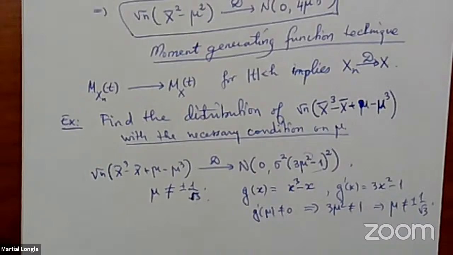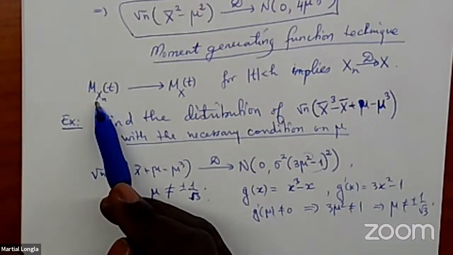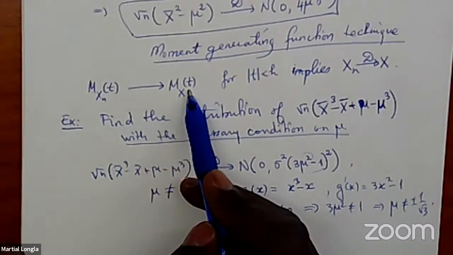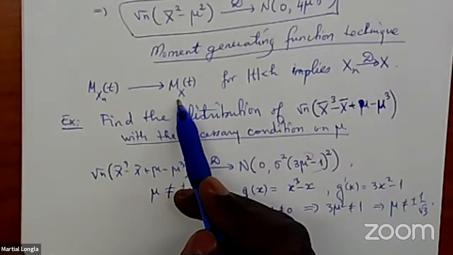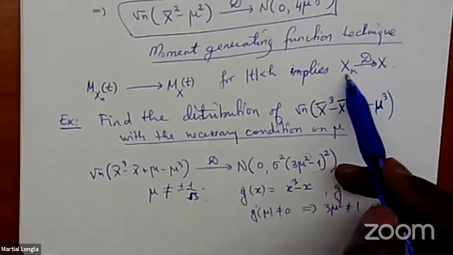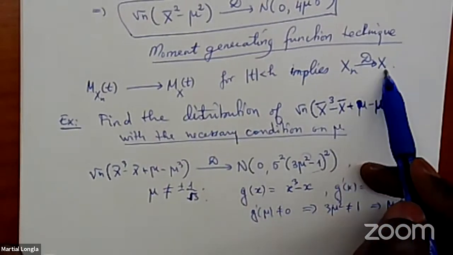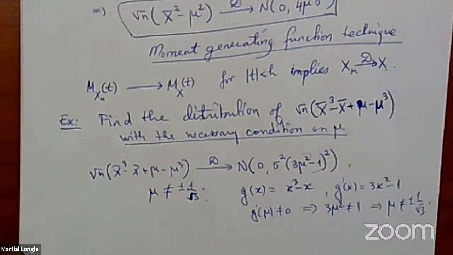So you don't always have to compute the CDF of xn and find its limit. You can also, when you have the possibility, find the moment generating function of xn and find its limit. Once you find the limit, you identify the random variable whose moment generating function is that limit, and then you conclude that the sequence converges in distribution to that random variable.